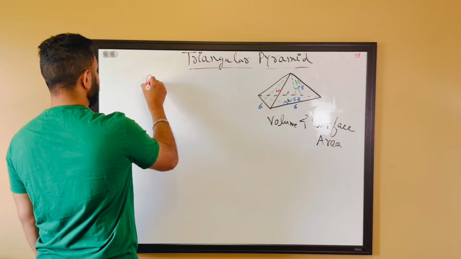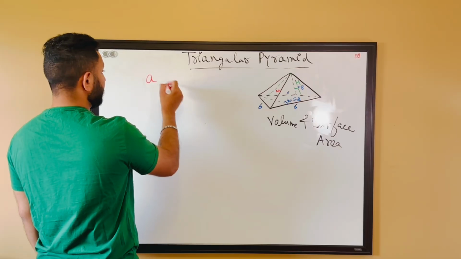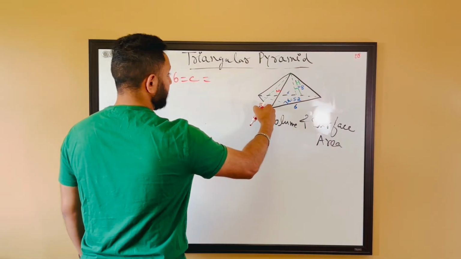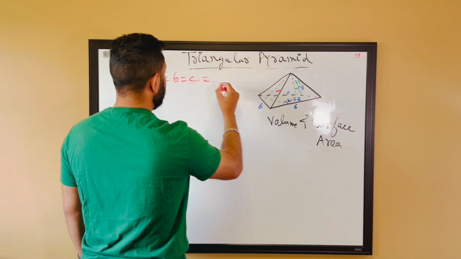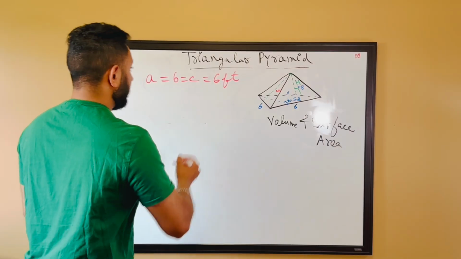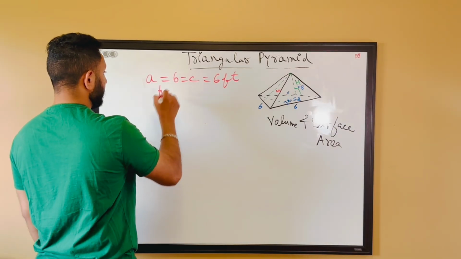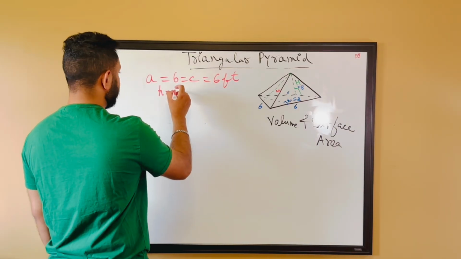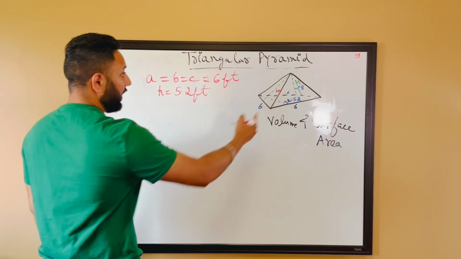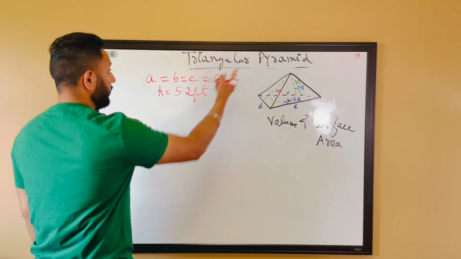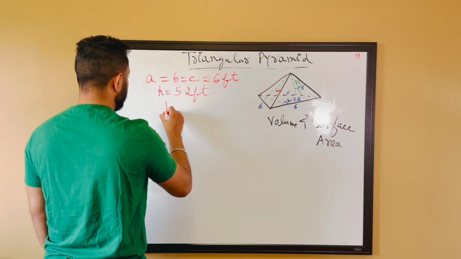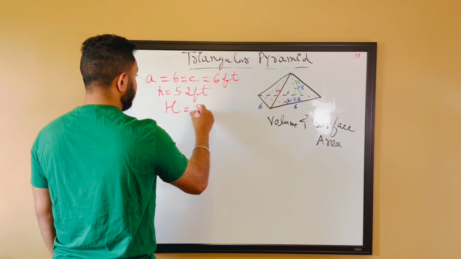We are given the sides of the base, A, B and C, and they're all 6 feet. And also we are given the height of the base, which is 5.2 feet, and the height of the triangular pyramid, capital H, 8 feet.